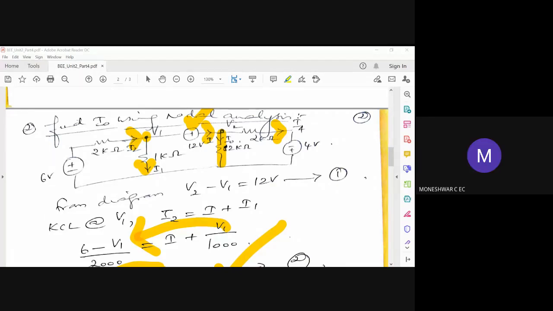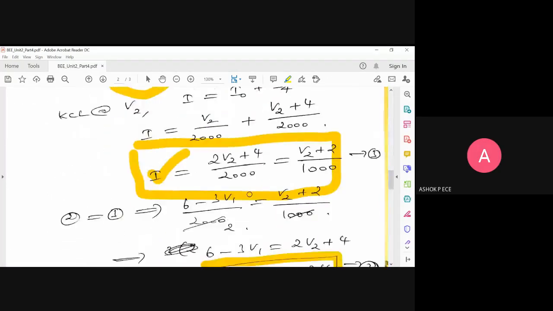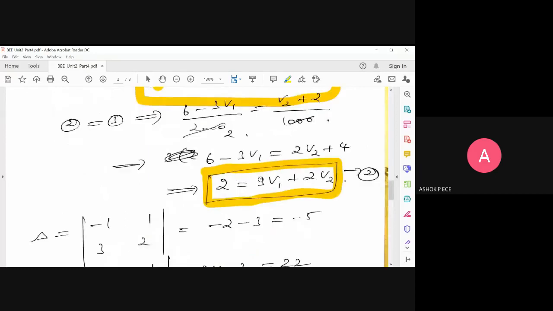Sir, I'm here only, sir. Yes, how to get the second equation? Sir, we can simplify it. You have to use what? After simplifying, I got 2 is equal to 3 V1 plus 2 V2. But for solving these V1 and V2, I need one more equation, right? How to get the second equation?